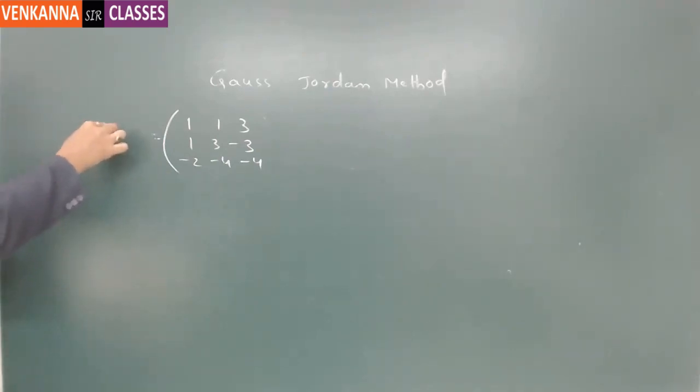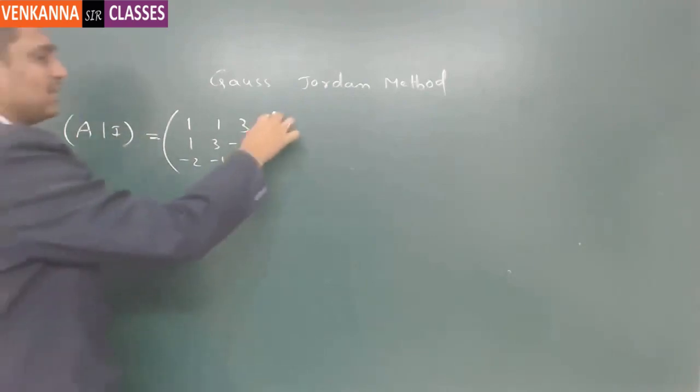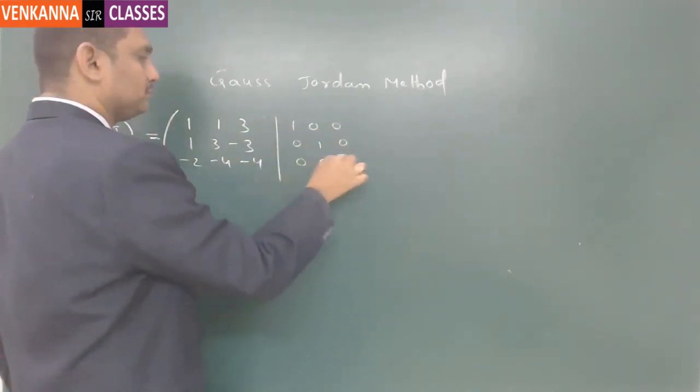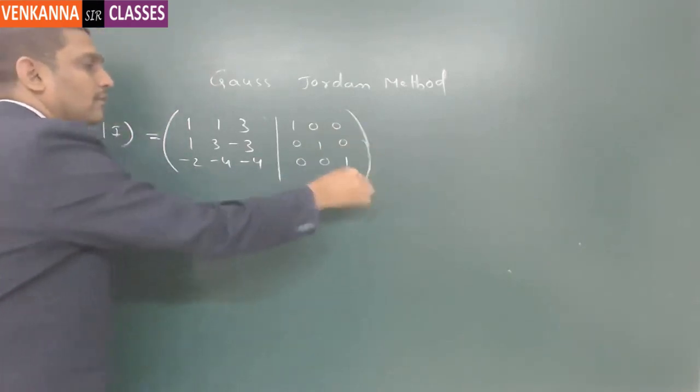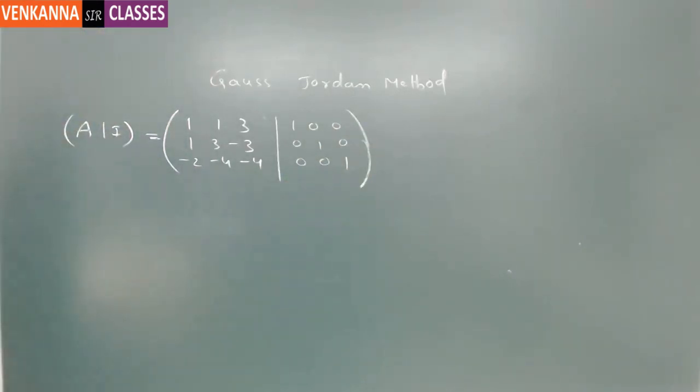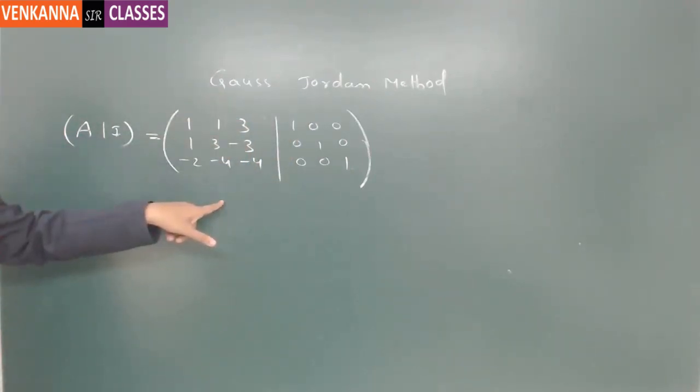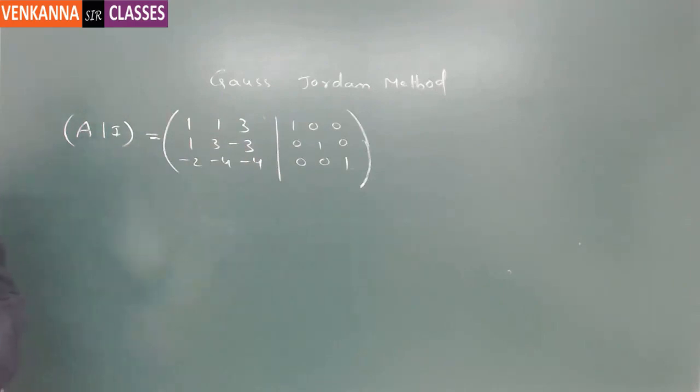So I will consider A by I. So I will get the matrix like this. So I am going to apply the same row operations here and here. It will be turned into the identity matrix. Here you will get a new matrix.